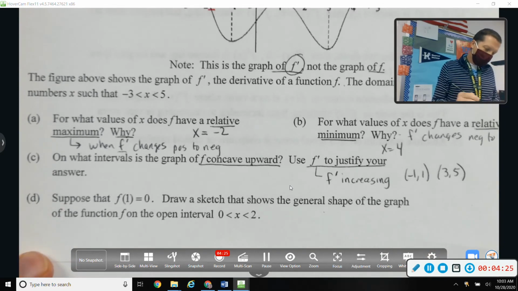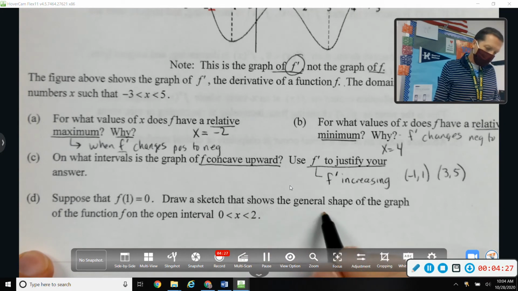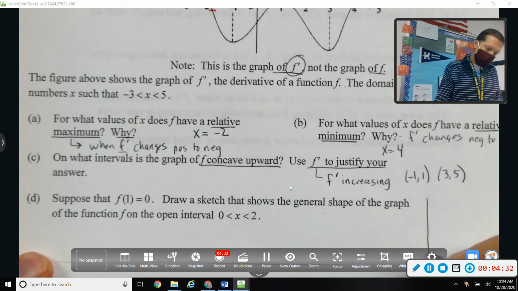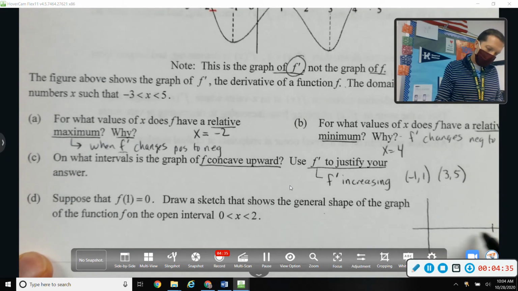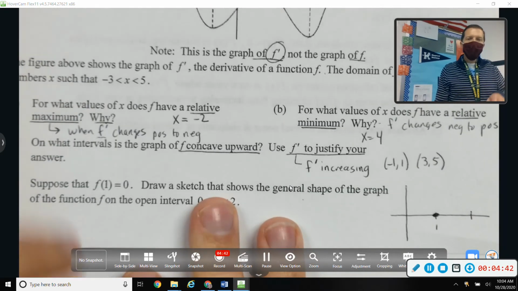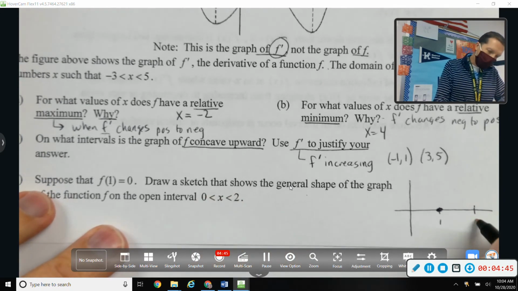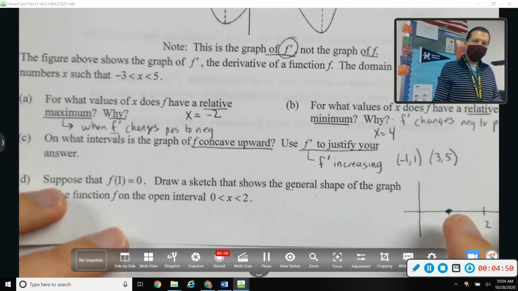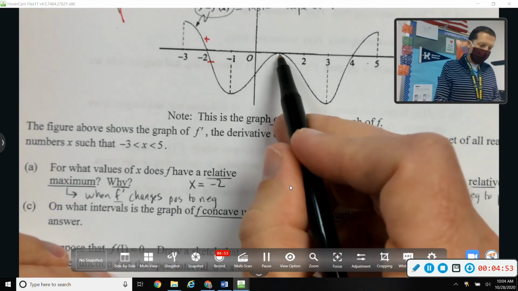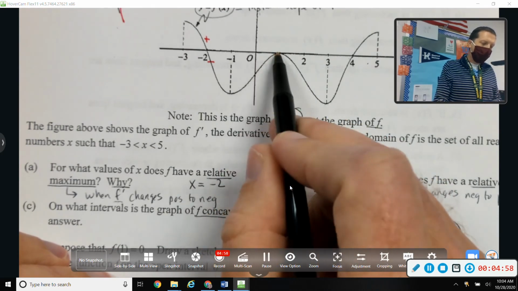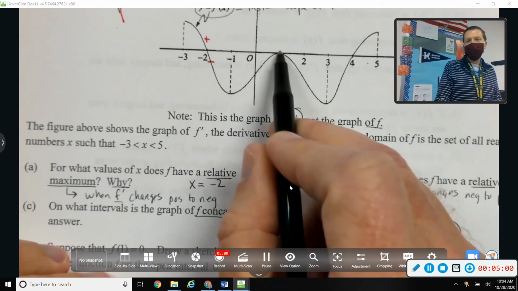Suppose that f of 1 equals 0. Draw a sketch that shows the general shape of the graph of the function between 0 and 2. So f of 1 is 0. And we want to know what's happening between 0 and 2. I'm looking at my f prime graph, and something's happening between 0 and 1, something else is happening between 1 and 2.